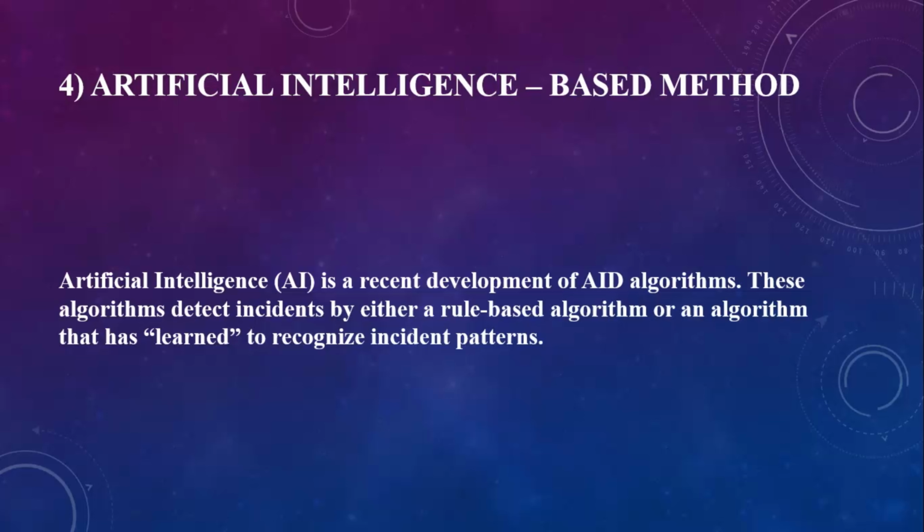And some of the examples, which I've already mentioned earlier, are the neural networks, the ANN artificial neural network, we have the PNN probabilistic neural network, the fuzzy set logics, the fuzzy adaptive resonance theory, fuzzy predictive ART. So these are some of the examples under the artificial intelligence based method. And like I said, it's the most recent of any of the methods.